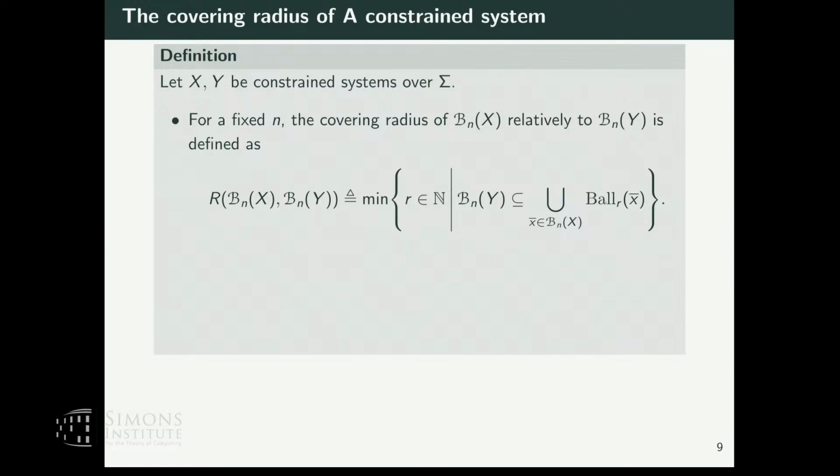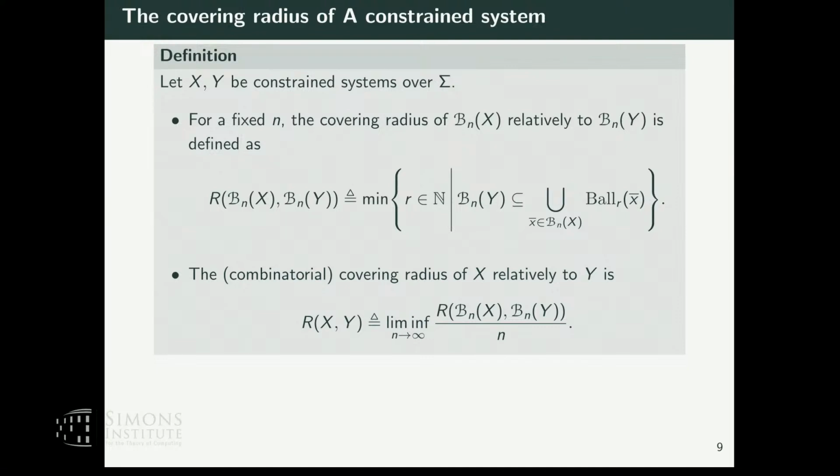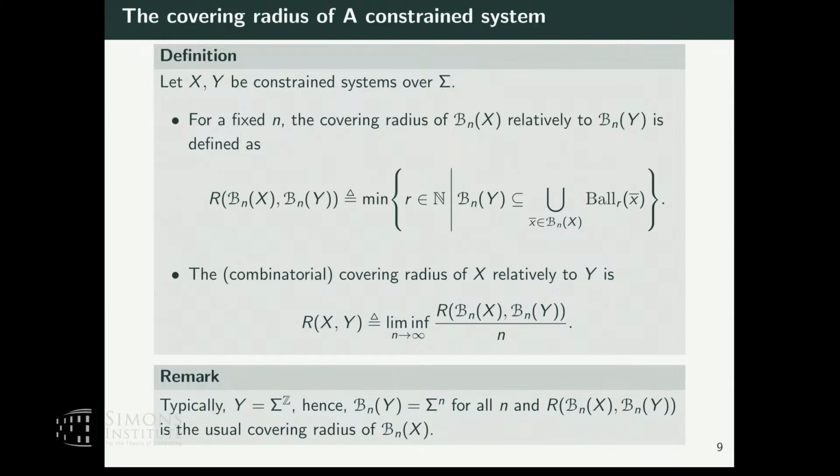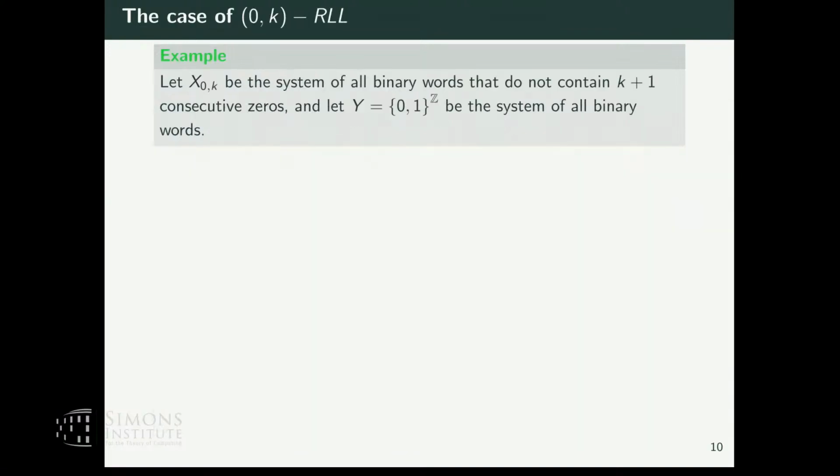Now, we will take this and normalize it by n, and take the limit as n goes to infinity to get this asymptotic, normalized covering radius. And typically, we would take y to be the entire space. We would like to cover everything and not just a specific subspace. But we get this for the same price, so why not just do it a bit more general?